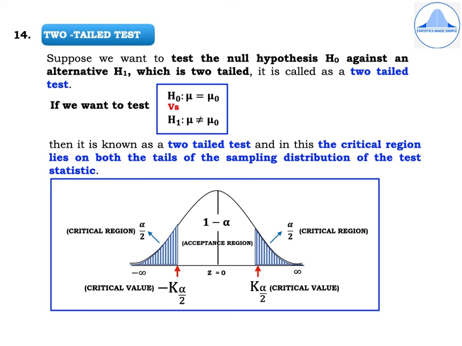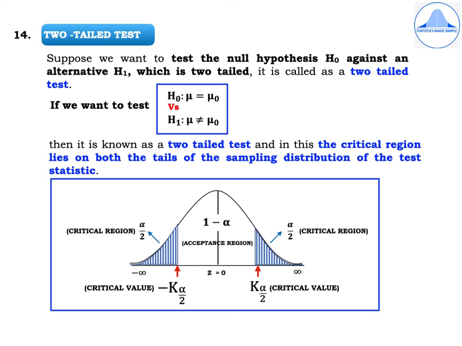Now observe the normal curve very carefully. The center line is z equal to 0, the extremities are minus infinity and infinity. Because it is a two-tailed test, the critical region lies on both tails of the sampling distribution of the test statistic.